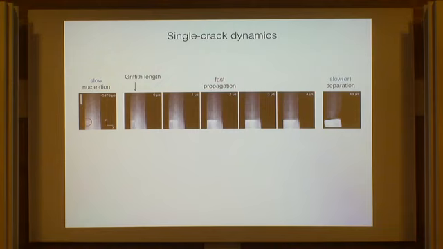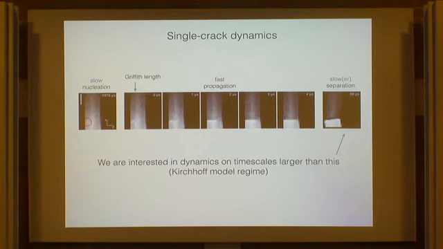This is what we're interested in. We can model the fracture dynamics in this regime to some good extent by using Kirchhoff's model. But I would like to re-emphasize that even with 1 million frames per second, you hardly see anything. You would go to even higher time resolution to properly study cracks.